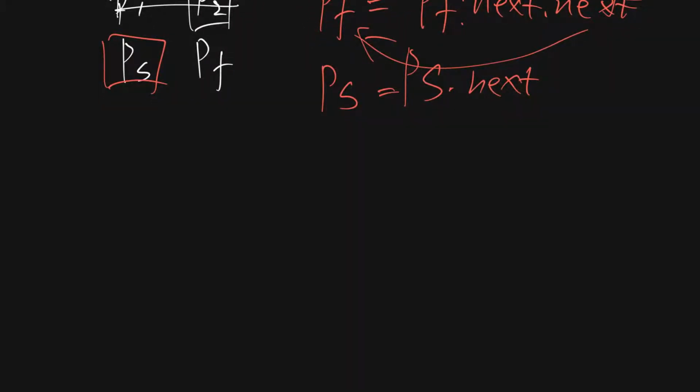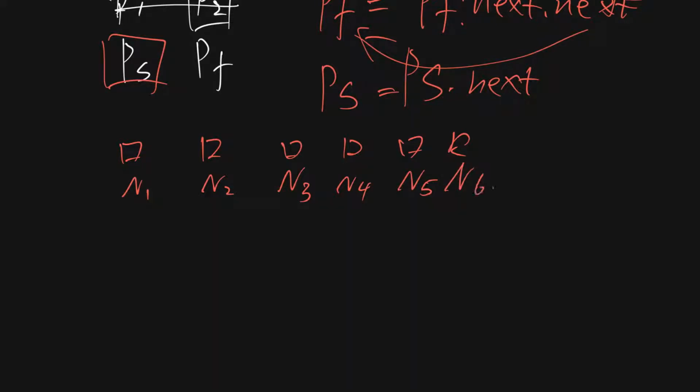fast and slow runners, you can have a list like 1, 2, 3, 4, 5, 6, and this is node 1, node 2, node 3, node 4, node 5, node 6. And the interviewer will tell you he wants it to be something like node 1, node 4, node 2, node 5, node 3, node 6.